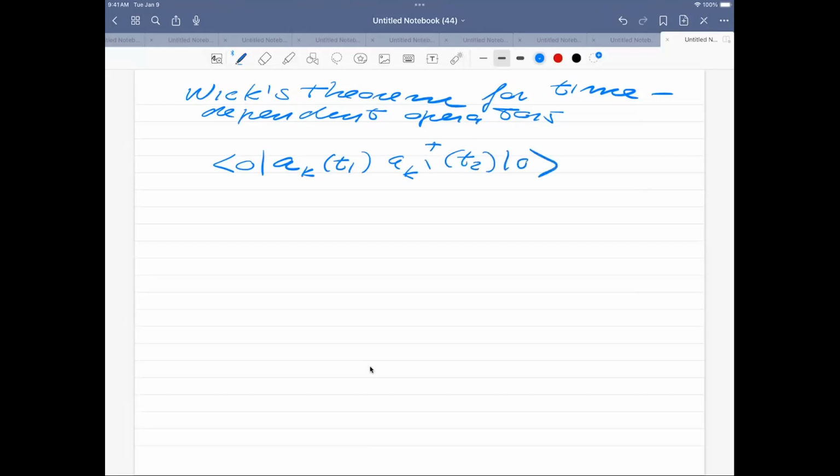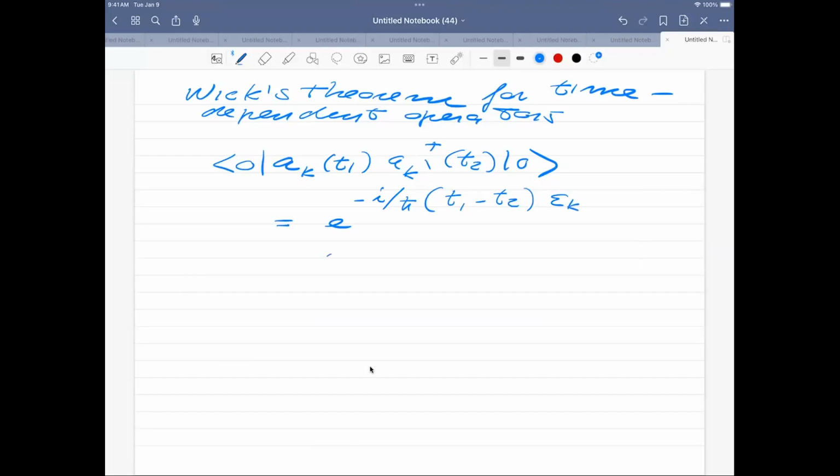If I'm plugging in the expressions here, what I would get then is an e to the minus i divided by h bar, and then I have a state where I have t1 minus t2. I'm just setting in the expressions for the operators. And since I have a Kronecker delta, this means that I'm going to get an epsilon k here.